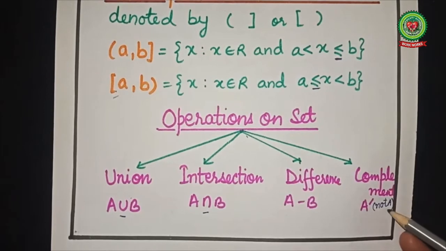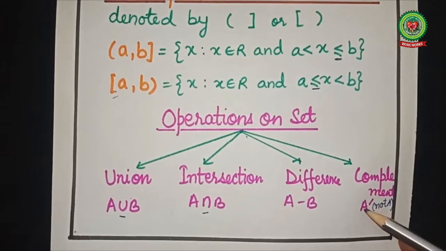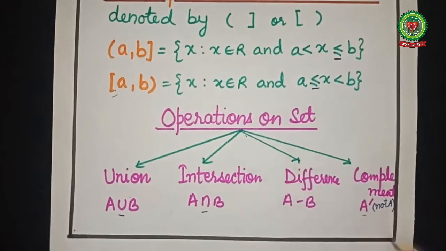Complement means not A, which is not contained in A. So, it is denoted with A dash. That means A complement.